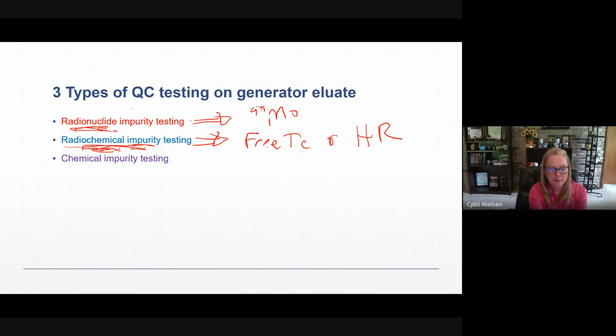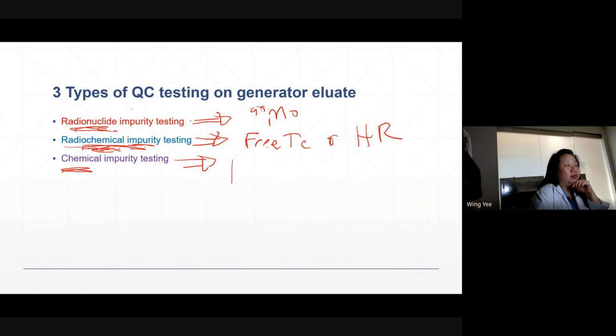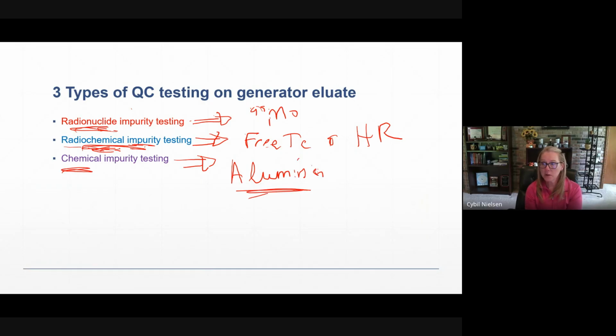Yes, very good. And then the third one, chemical impurity. What chemical are we testing for? Aluminum. Yeah, because that's what the column is made of. If the alumina is positive, it's going to pull molybdenum with it because those two are bound together. So if it fails one, it's probably going to fail the other one.